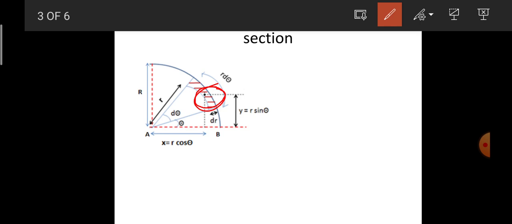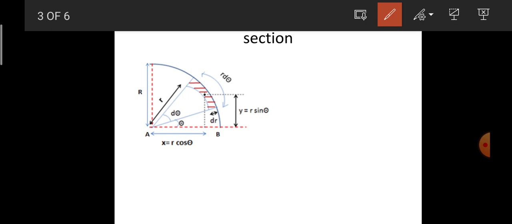This centroid is at a distance of y in the vertical direction from the x-axis, and a horizontal distance of x, so that the angle subtended is theta with reference to the x-axis. Therefore, by using trigonometry, y can be taken as r sin theta and x is equal to r cos theta.